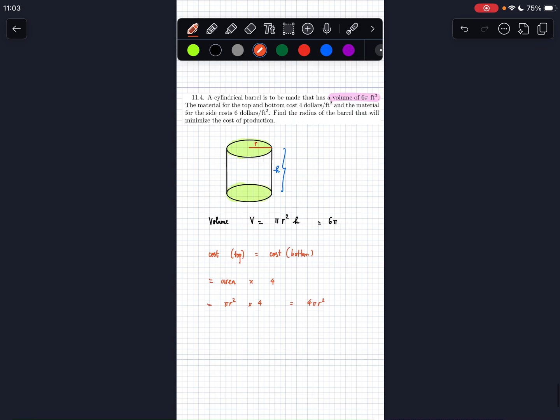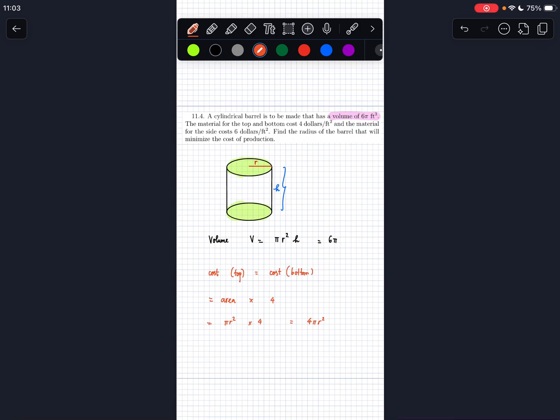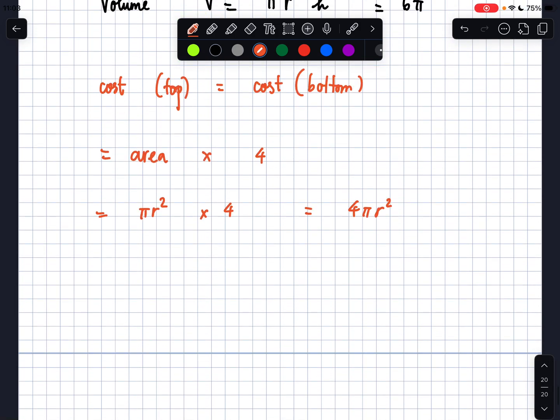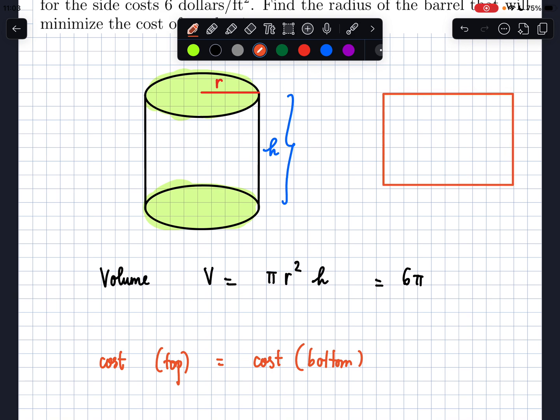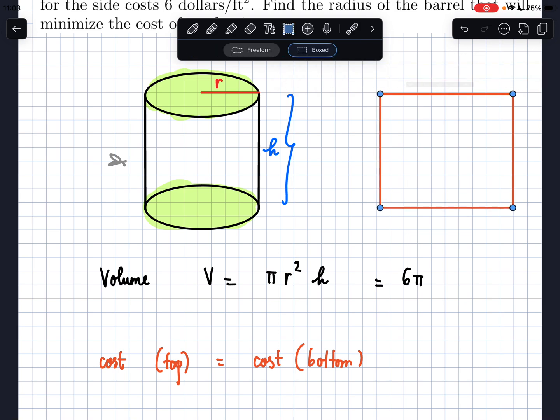So the side costs $6 per feet squared. So the side is here. You can think of this as you cut it. If you cut it along this line, what you see is a rectangle. If I cut it along this line, I get this rectangle, and the height of this rectangle is exactly the height h there.